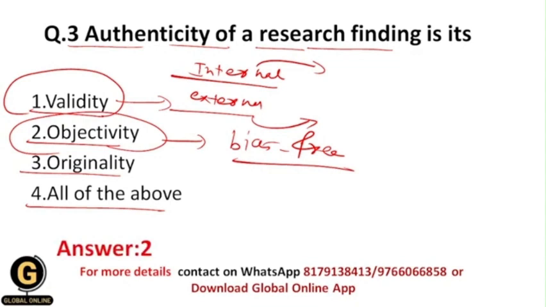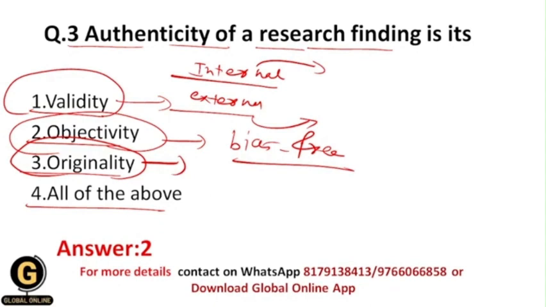Okay, now what is originality? So again, originality means that it is original, it is not duplicate, it is not like we have copied it from somewhere else. So again, originality is a concept which comes under objectivity, because objectivity is a bigger concept.